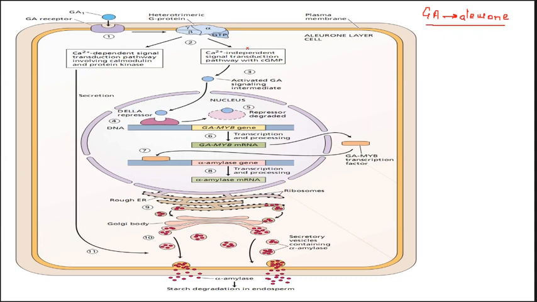What happens inside the aleurone layer is shown in this picture. So where was GA synthesized? GA was synthesized in the embryo. Instead of GA, I can write GA1 also, which is a bioactive form of gibberellin. So it is formed in the embryo.